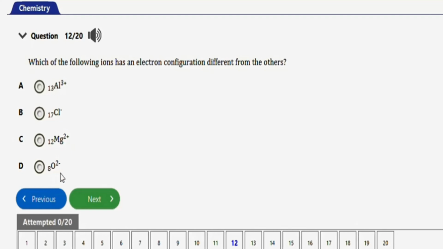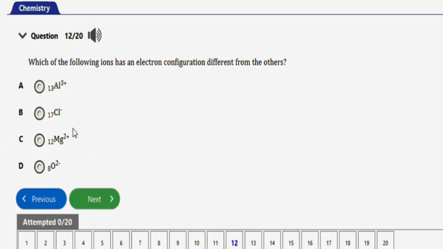This oxygen, a non-metal, takes part in chemical reaction to gain 2 electrons to form the noble gas neon. But this chlorine here is taking part in chemical reaction, gaining 1 electron to form the noble gas argon.